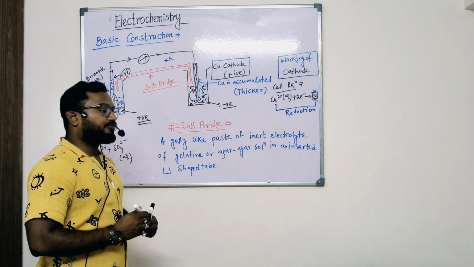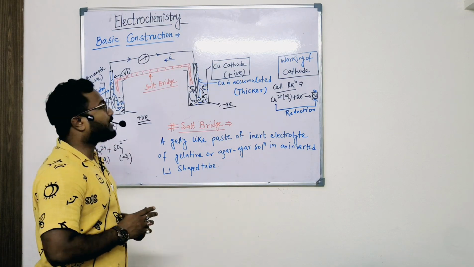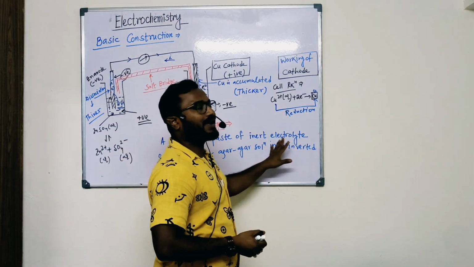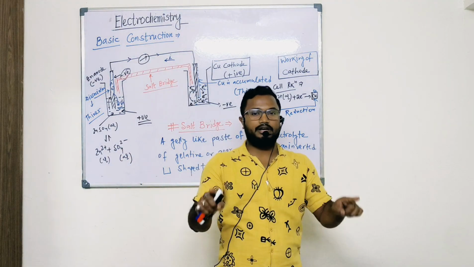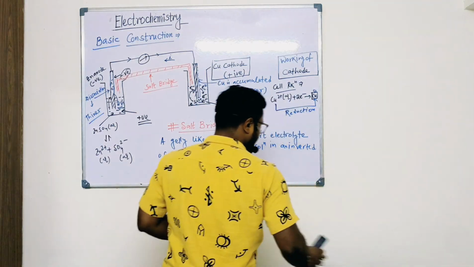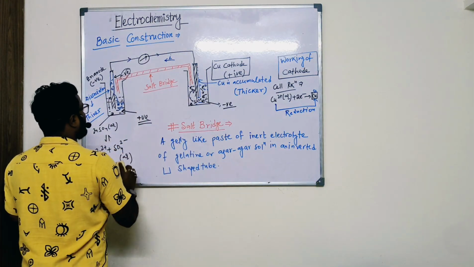So what are a few examples of salt bridges and how is it made? It is made by gelatin or agar-agar type solution in an inverted U-shaped tube. What does it do? Let's note down the working of this and take a few examples.